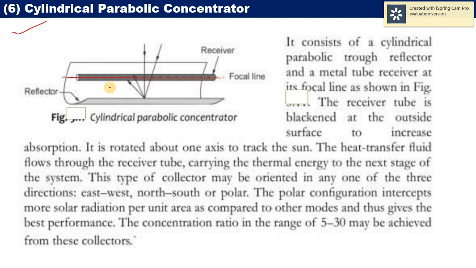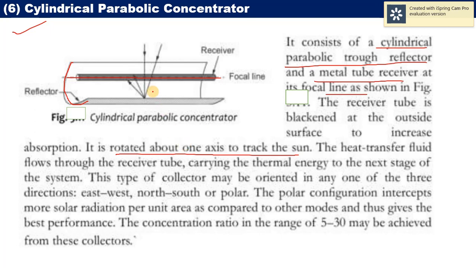Here it consists of a cylindrical parabolic trough collector, and we have a metal tube receiver at the focal line. As I have already told you, it rotates about one axis to track the sun. That's why it is called one axis tracking.